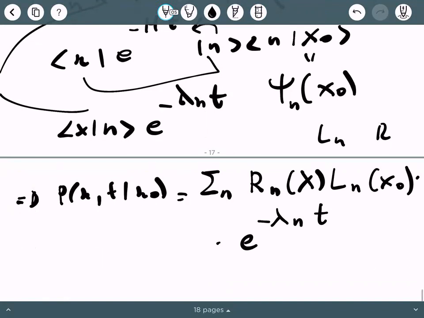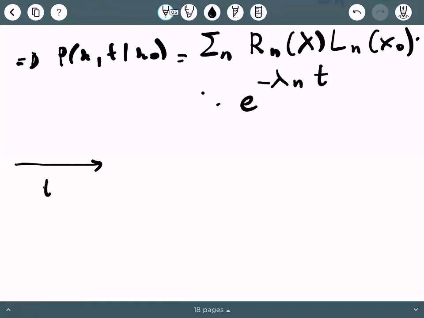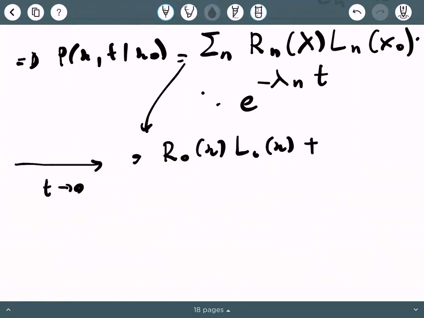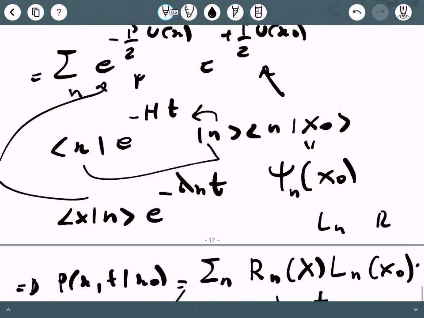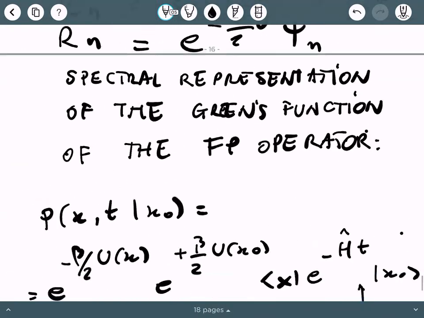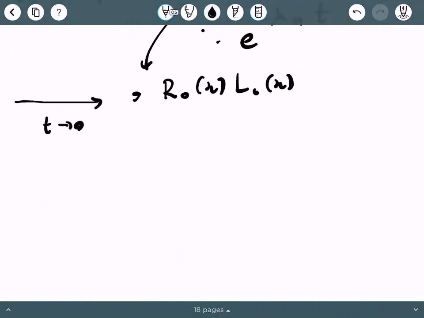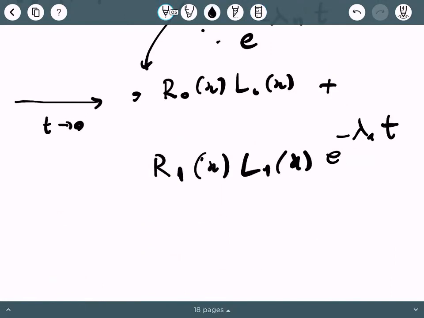And what this is telling me is that if I wait long enough, this is going to be R naught of X plus times L naught plus. This would be e to the negative lambda naught of t, but this is equal to what? What is the ground state of the Fokker-Planck operator? Guys, we discussed that. It's the stationary state. Zero. Okay. Plus R1 of X, left 1 of X, e to the negative lambda 1 of t, plus so on and so forth.